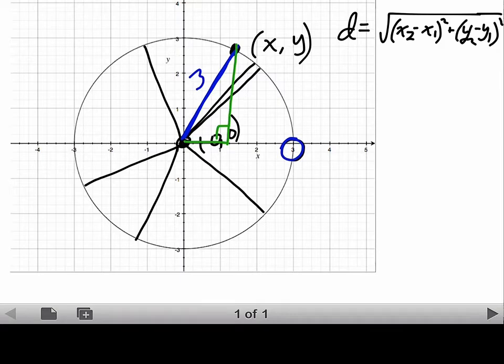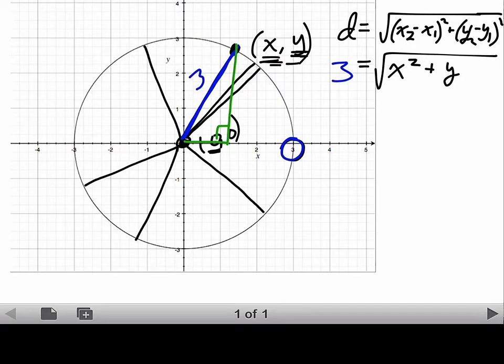In this case, the distance is 3, and x2 is the generic x, minus 0, well, forget it, it's just x squared, plus y2 is the generic y, minus 0 again, forget that, it's squared.